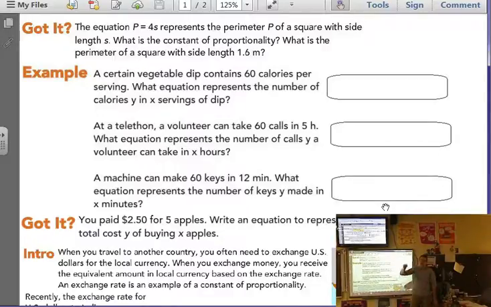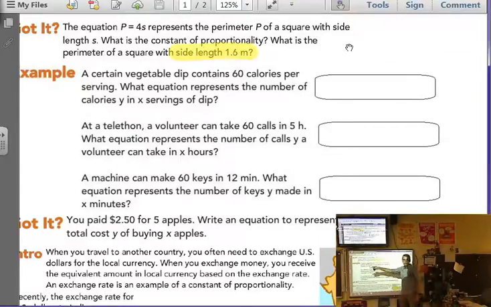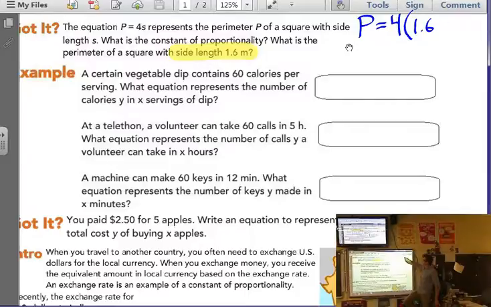And instead of adding it 4 times, I can just do 4 times the s. So if it has a side length of 1.6, then to solve, we would just set up that the perimeter will equal 4 times 1.6. So 6.4 meters. Check your label. It's meters in the value I input, so it's meters in my output.